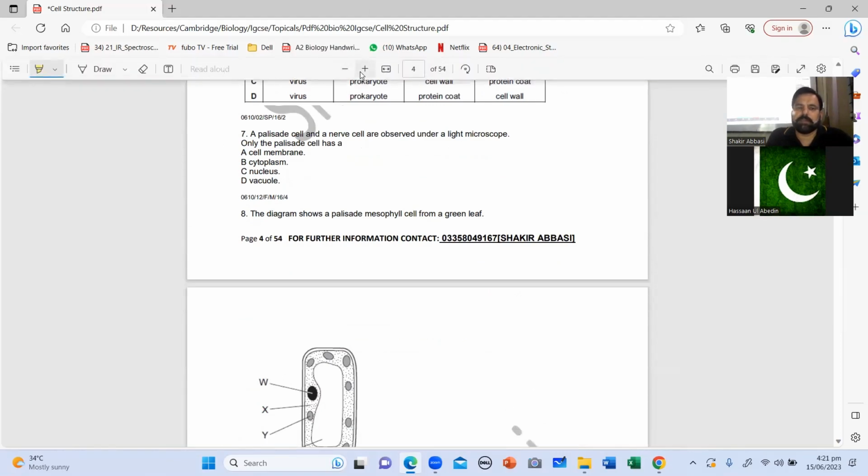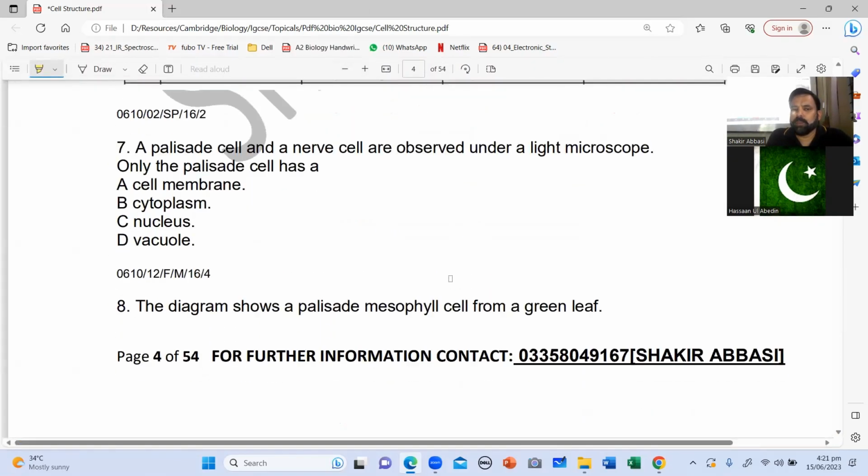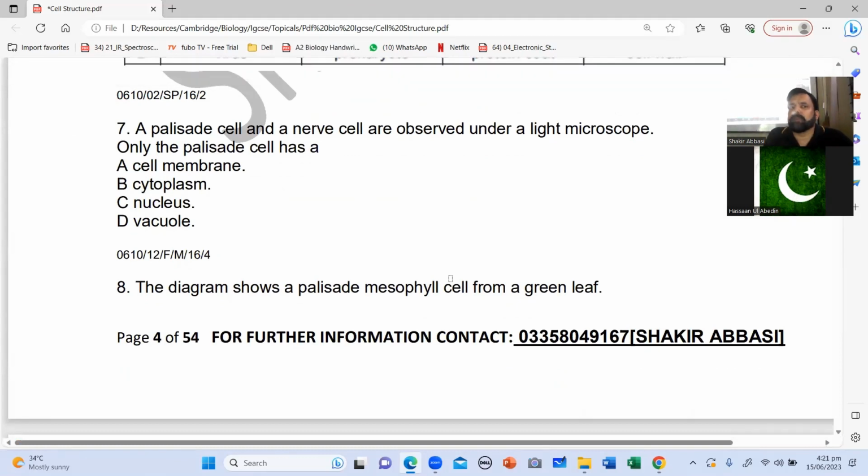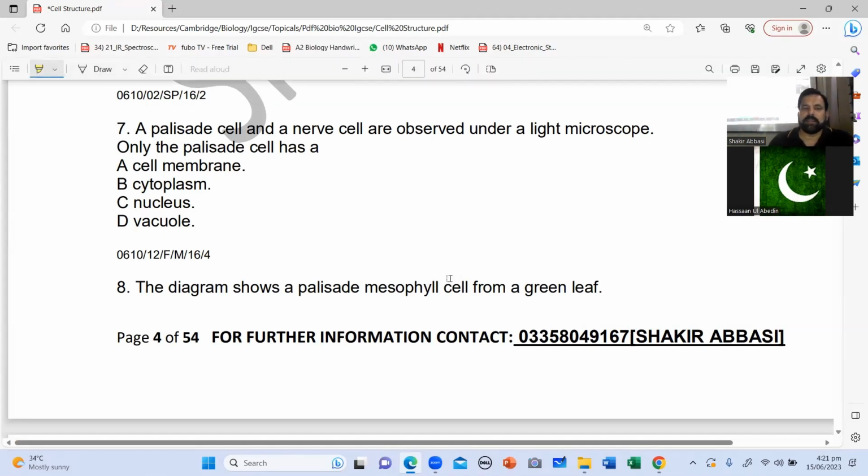Yes, palisade cell is a plant cell. You know, palisade cell is found in plants. So is a nerve cell an animal or plant cell? Nerve cell is an animal cell. So he says only the palisade cell has that.